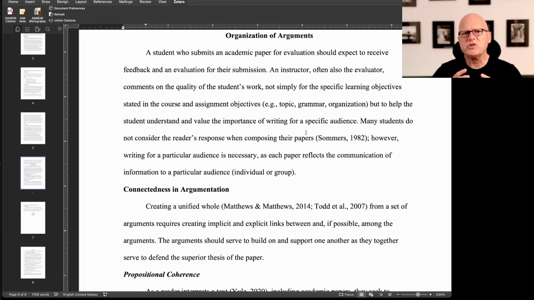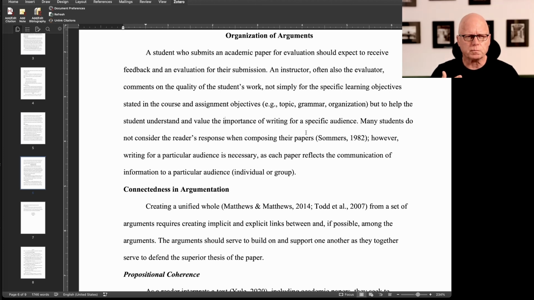I think it's reasonable that each student who submits a paper in response to an assignment can expect two things in return. One, specific feedback that guides them to improving the quality of their work and recognizes those elements of the submission that were done very well.